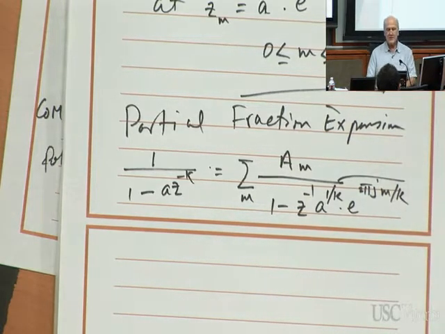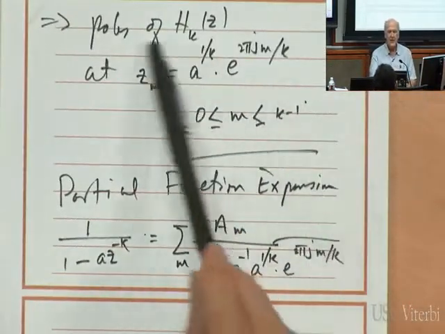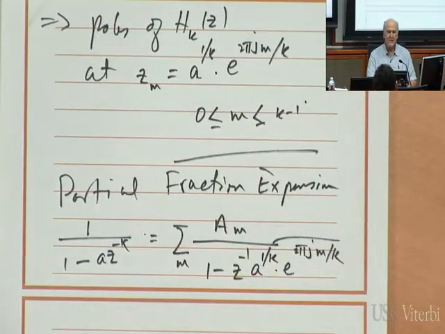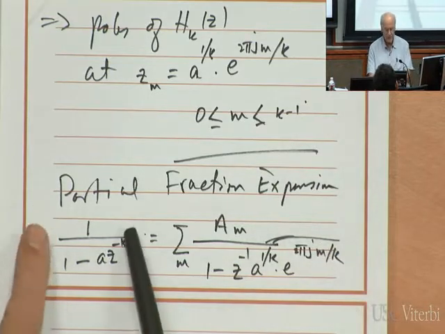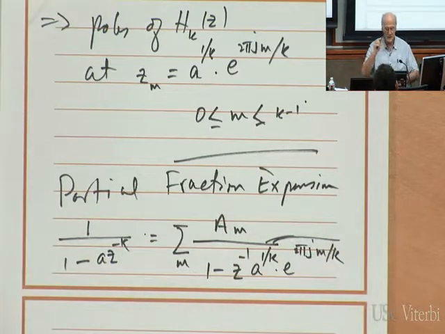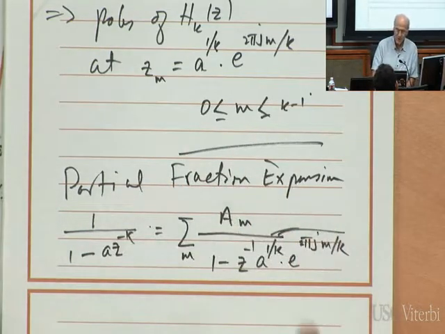So I've done a partial fraction expansion about all the poles. What are the a sub m? You use the techniques we mentioned, multiplying through by one of the factors and then setting that factor to 0, and you end up with all the a sub m's. But that's what the final result will look like.